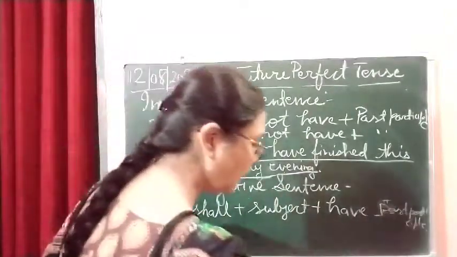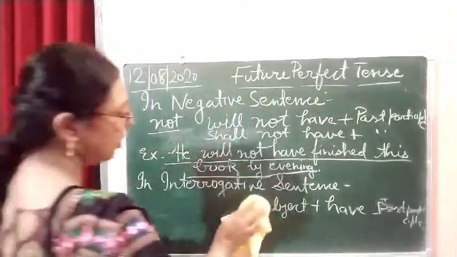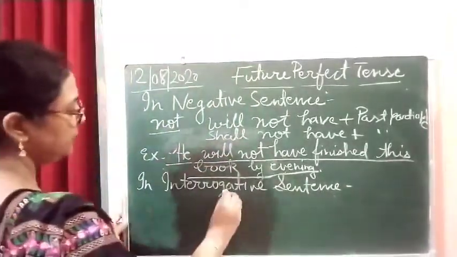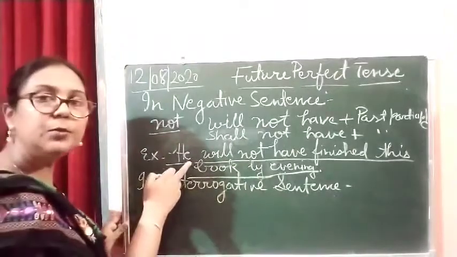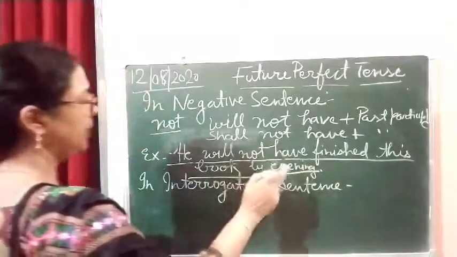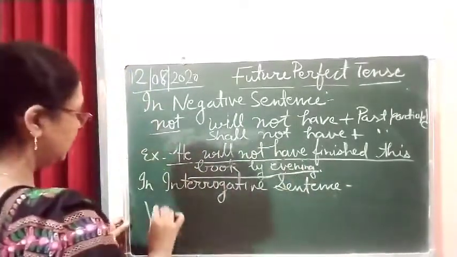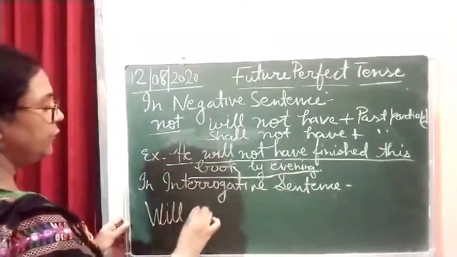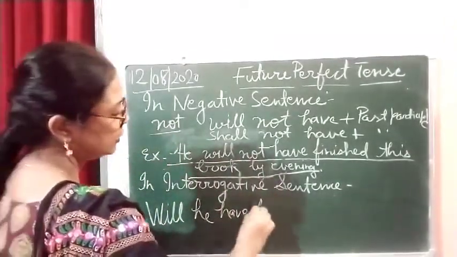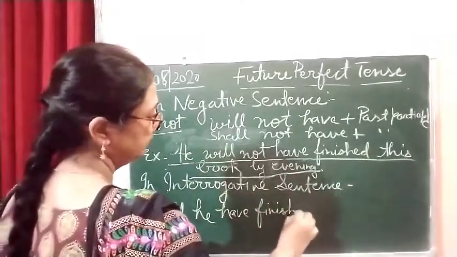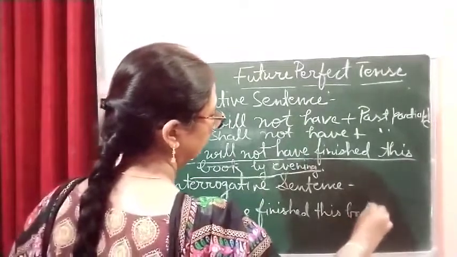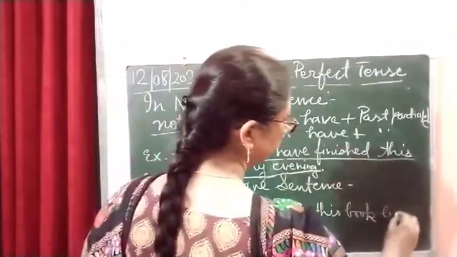Now I am going to give one example of how to make interrogative sentences in future perfect tense. If I am going to make this sentence interrogative, he will not have finished this book by evening, we just place will first: Will he have finished this book by evening?